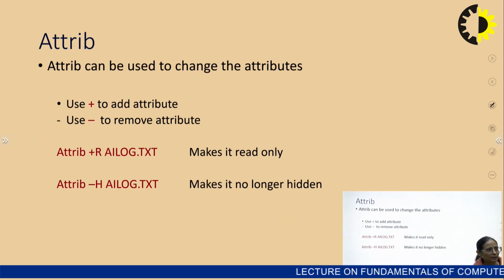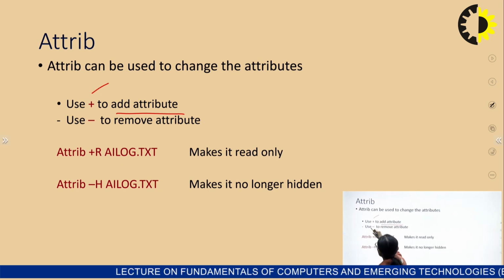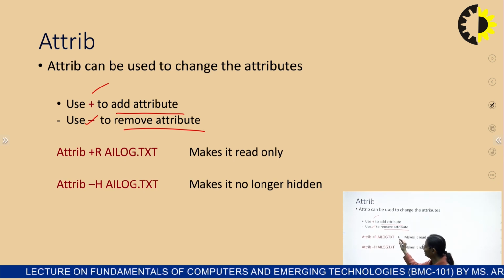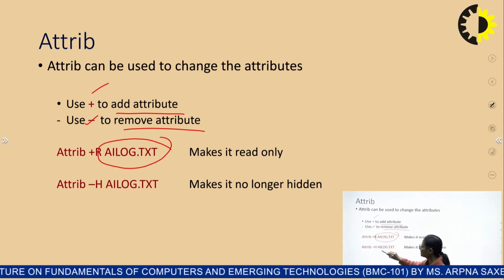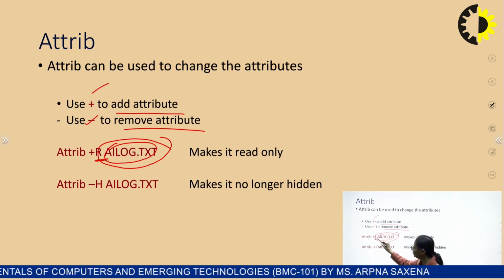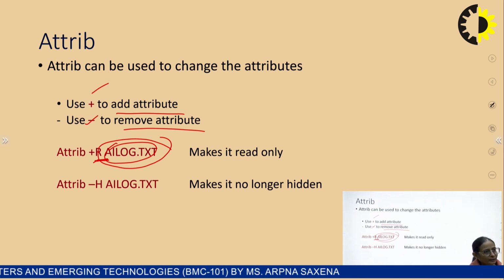How does attrib work? Attrib can be used to change the attributes. For example, if I use plus, then it adds the attribute. If I use minus, then it will remove the attribute. For example, this is the file to which I want to add the attribute R. So I have used the plus symbol for the addition, and the attribute I want to add is R. So it makes it read only.